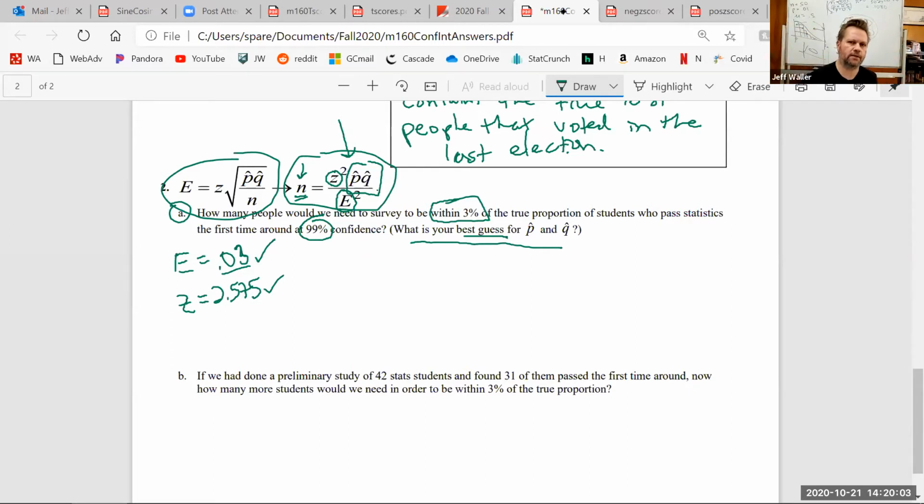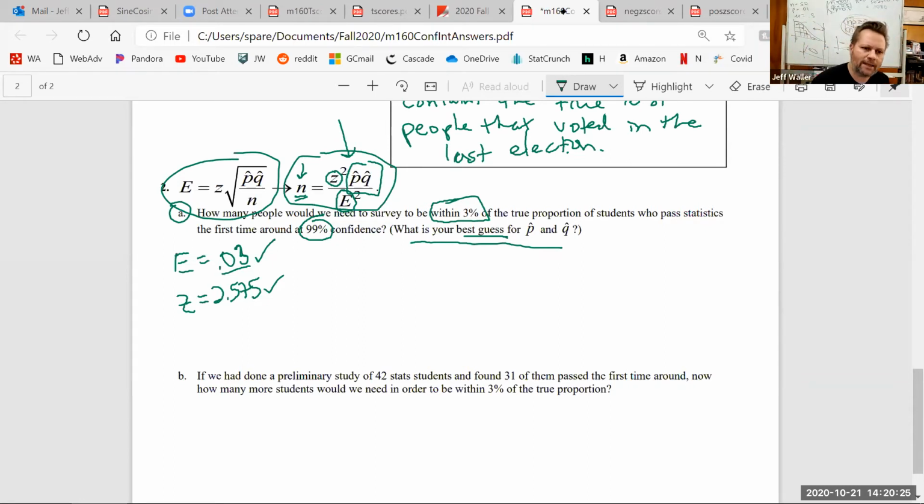Should I have to take more people or less people? More. Yeah, I kind of have to penalize myself. Anytime there's something we don't know in statistics, the math is going to penalize me for that, which makes sense. We want to be more conservative.